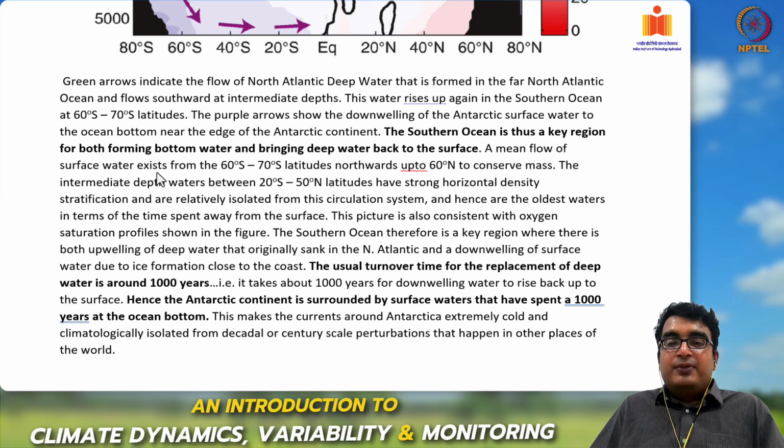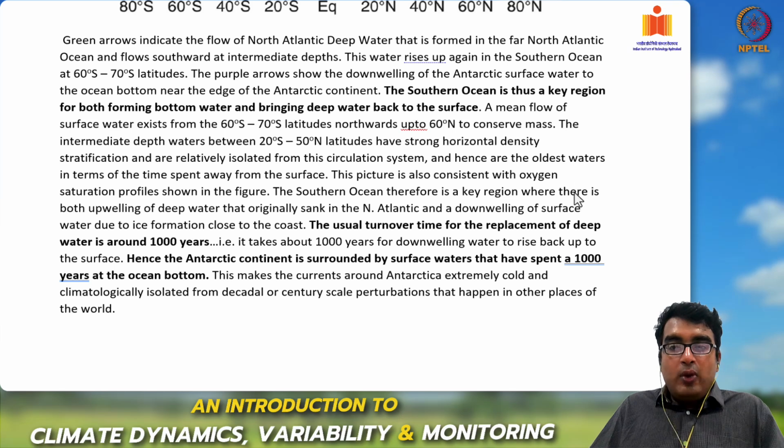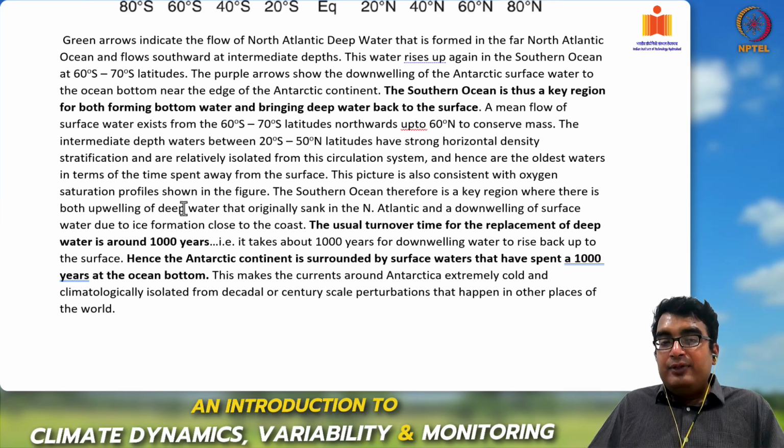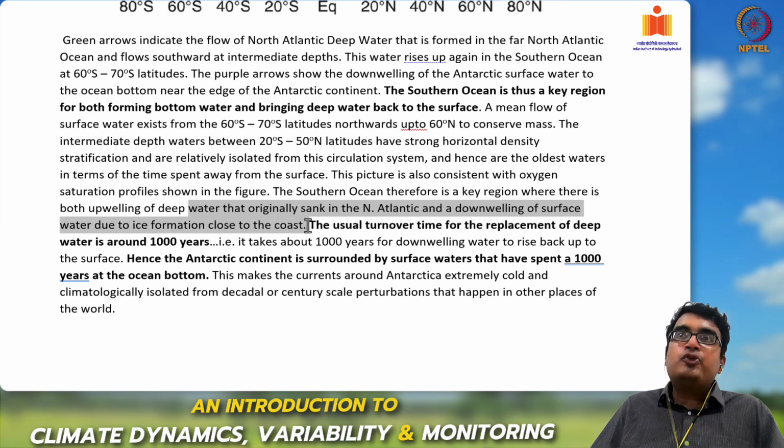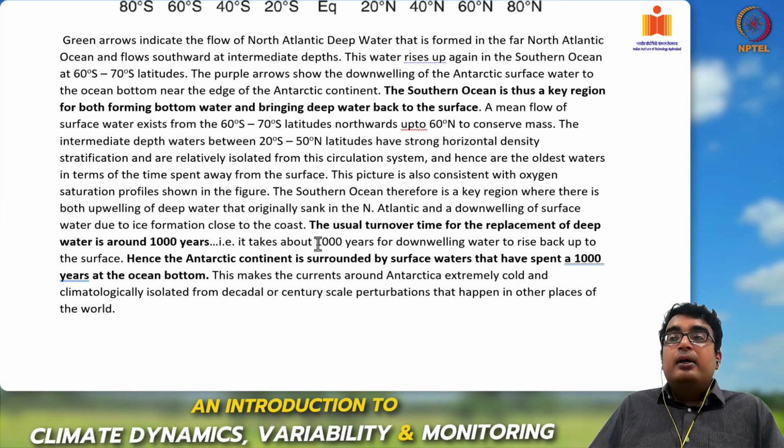A mean flow of surface waters also exists. The Southern Ocean, therefore, is a key region where there is both upwelling of deep water that originally sank in the North Atlantic and a downwelling of surface water due to ice formation close to the coast. Now, what does this imply?